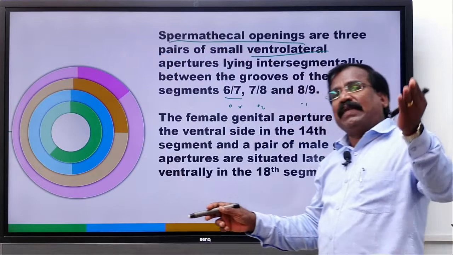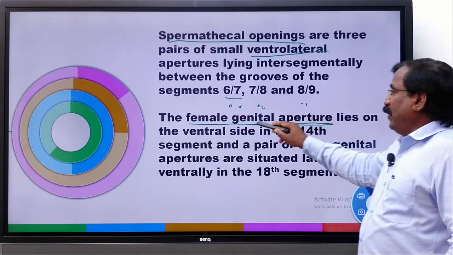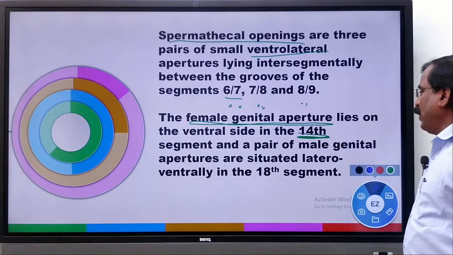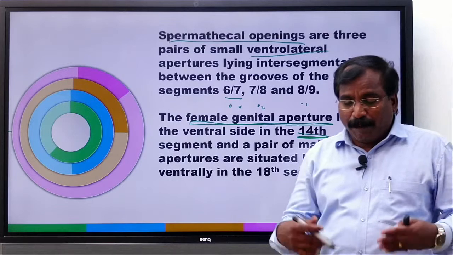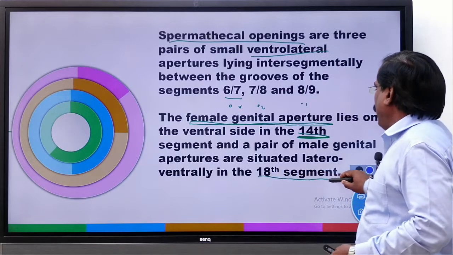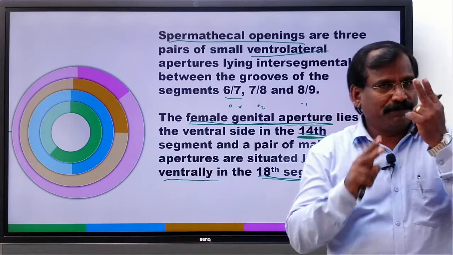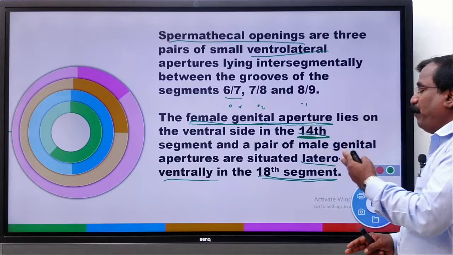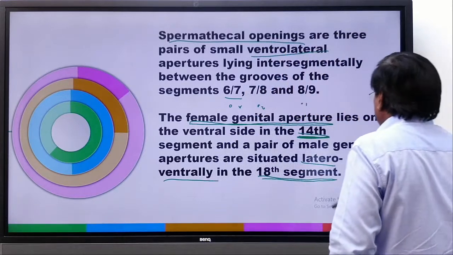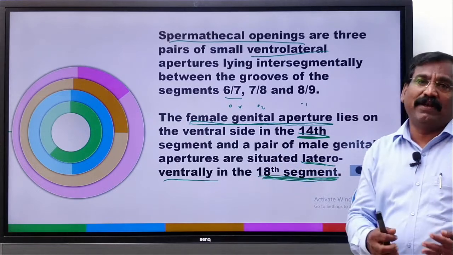I just give the names now; we will see the detailed reproductive functions later. The female genital opening, the female reproductive opening, is on the ventral side in the 14th segment. The male reproductive opening is in the 18th segment, in the latero-ventral direction. There is a pair, so 2 openings, a pair of male genital openings, through which sperm come out. They open in the latero-ventral direction in the 18th segment.